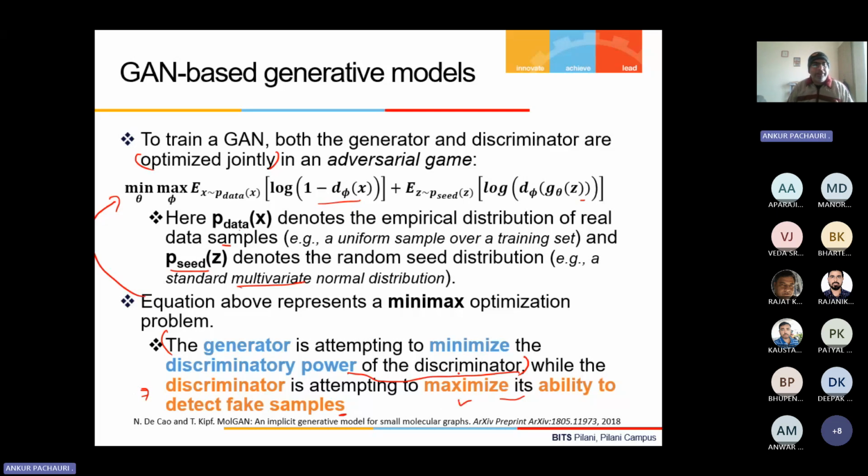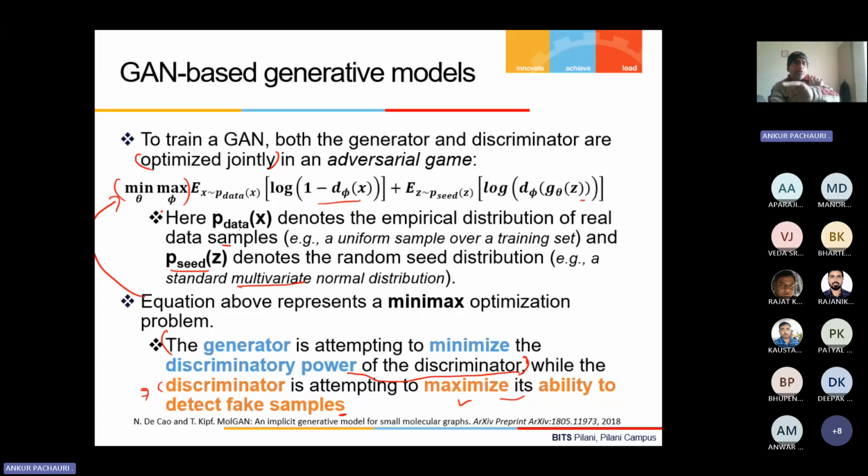That's why it is a max min function. Maximization over phi means maximizing the ability to detect the fake sample, and the generator's objective is to minimize the discriminative power of the discriminator. So the generator wants to ensure that the discriminator is not able to distinguish, but the discriminator wants to ensure that even with a small difference, it will be able to distinguish whether this is real or fake. That's why it is a min-max approach.